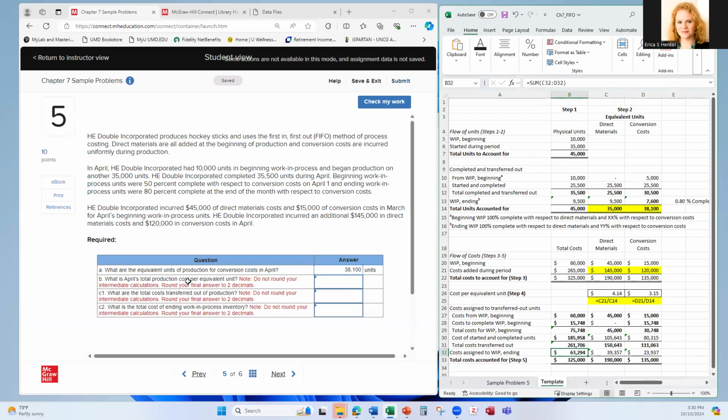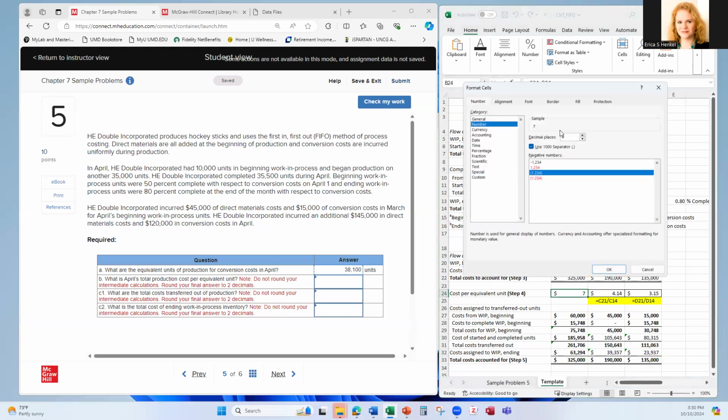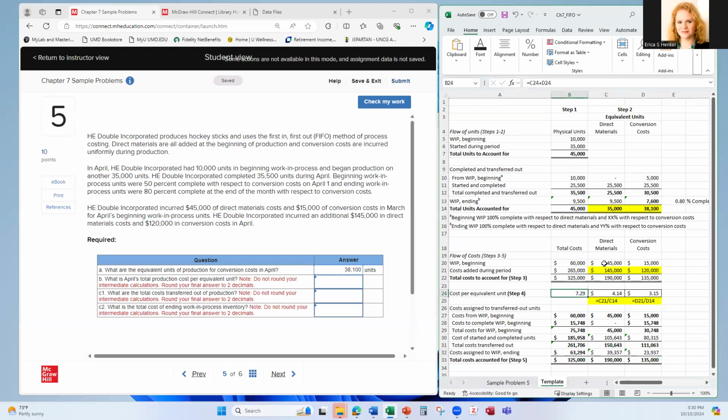So what is April's total production cost per equivalent unit? That's going to just add those together. I've got to add in, hold on, it doesn't have any decimal points. Let's add those in. All right, so 729 looks like.